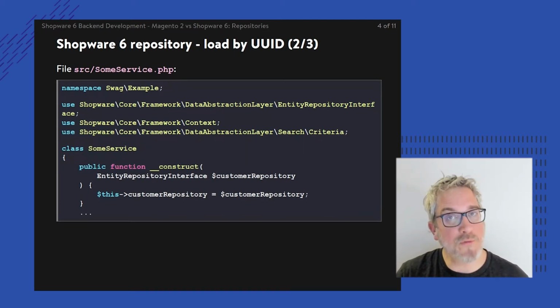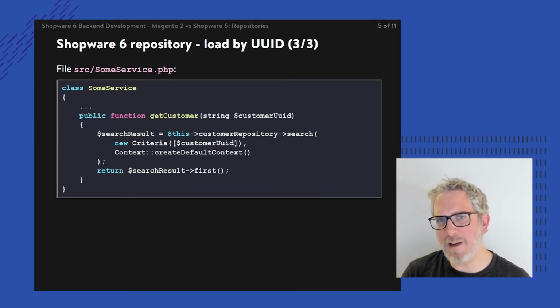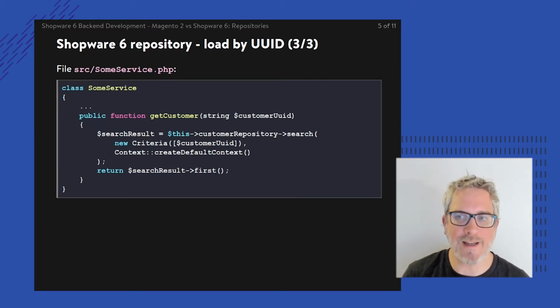Now let's move to the final bit, because there's still a third slide as well. And that's basically related to the fact that the repository class, or the customer repository object, doesn't have a method like getById.